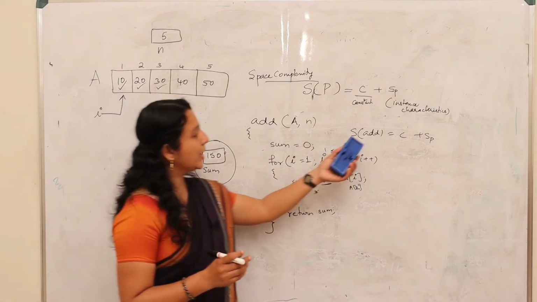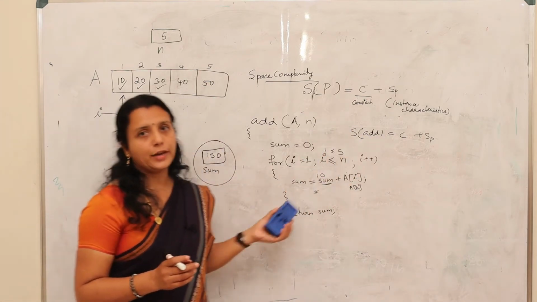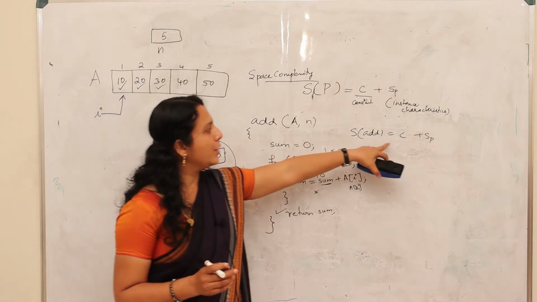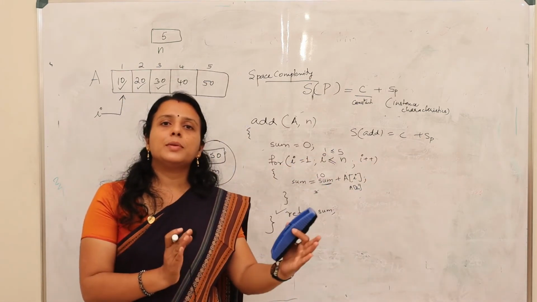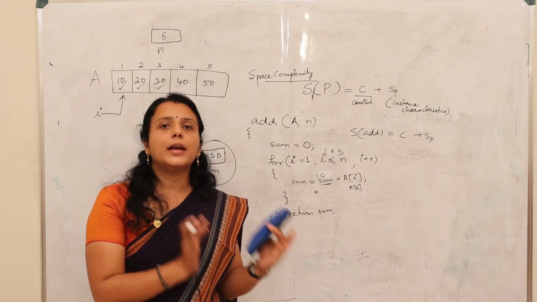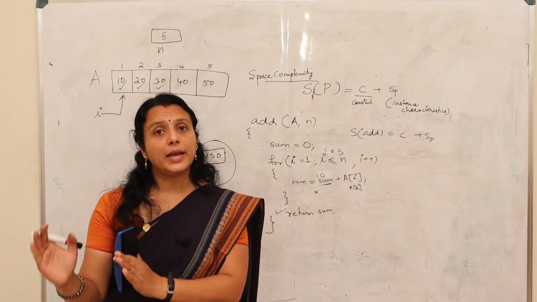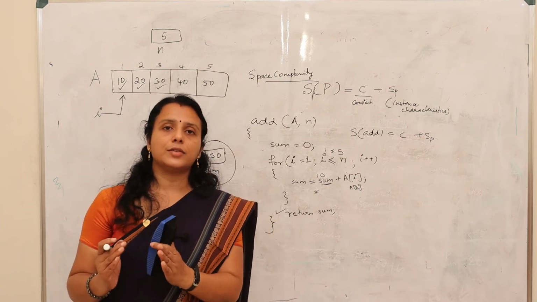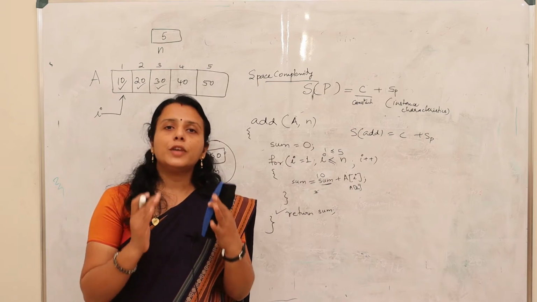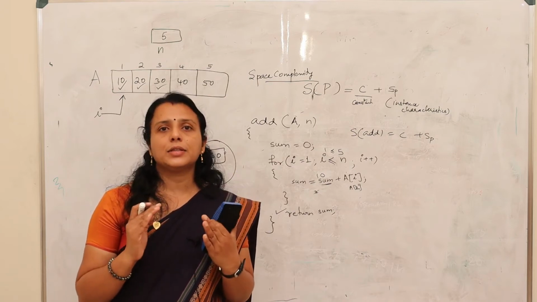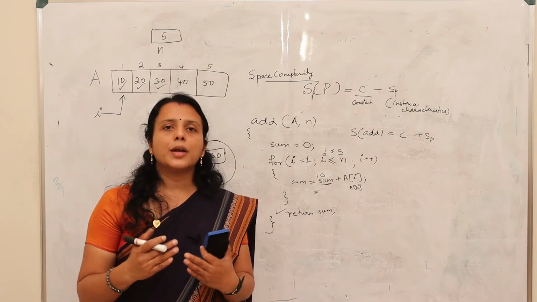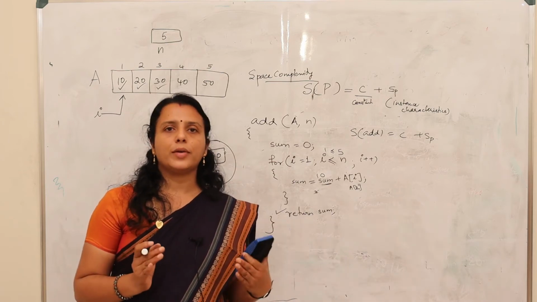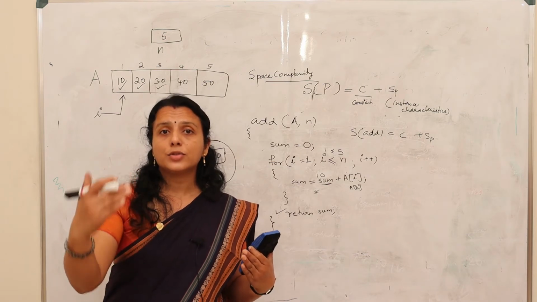Now you are going to calculate the space complexity of this algorithm. So S of add equal to C plus SP. Now you have to find those variables which come under the C part and those which come under the SP part, the instance characteristics. That means one time the user executes the program, your array has 10 memory locations for n equal to 10.